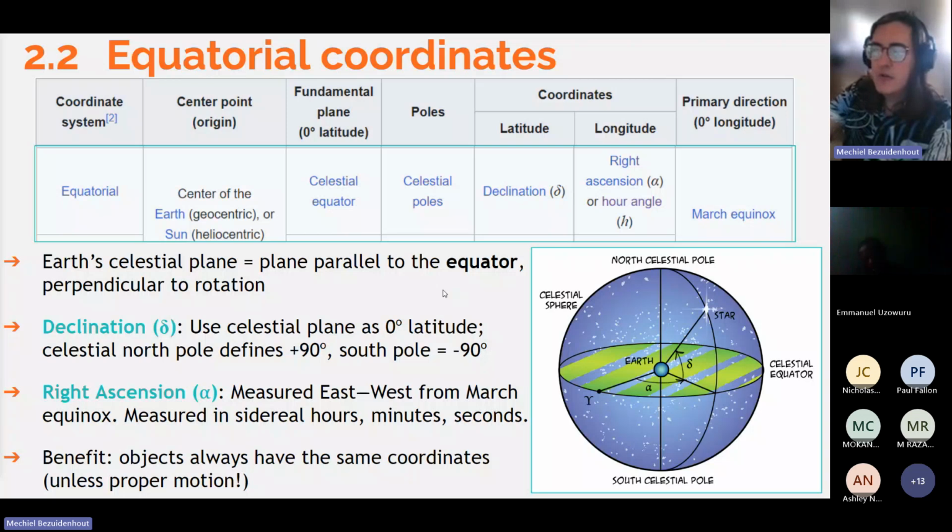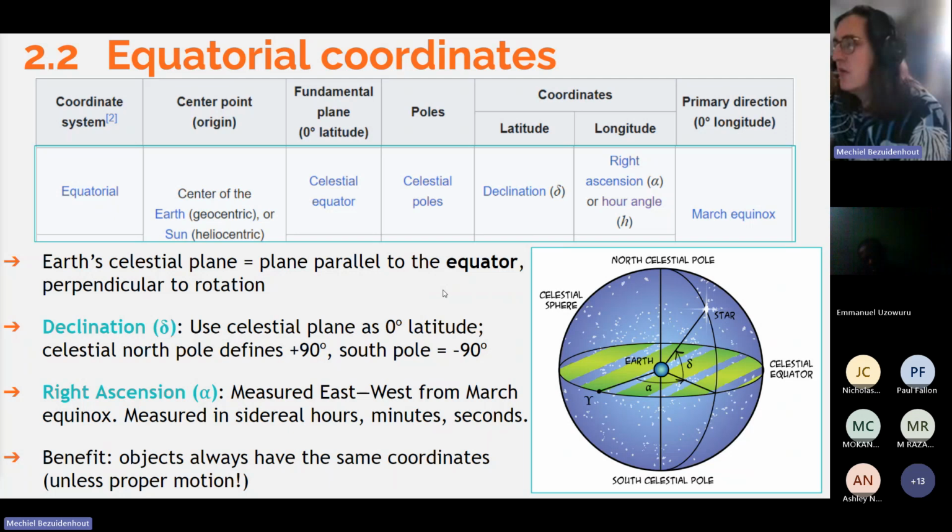So 0 degrees latitude, or 0 degrees declination, is at the celestial equator, and then going up to plus 90 degrees at the celestial north pole. So that's aligned with the spin axis all the way up, and then the celestial pole at negative 90 degrees.